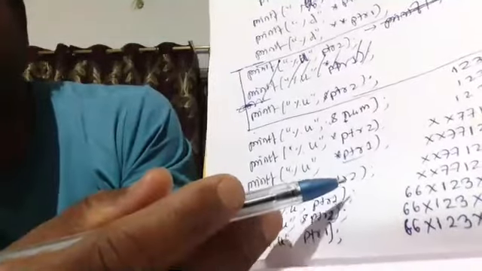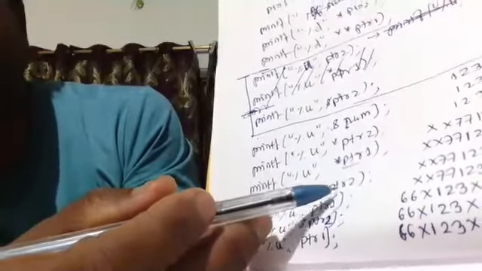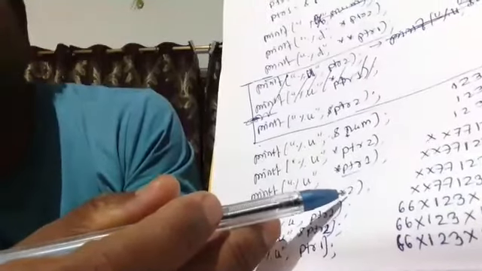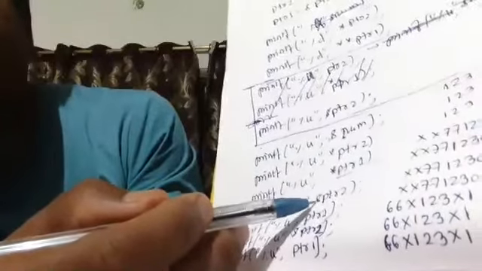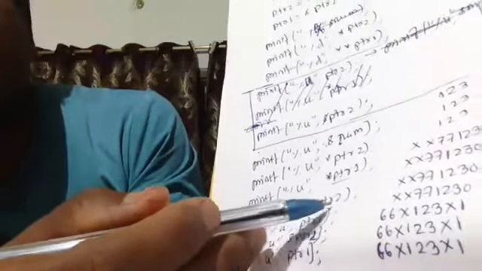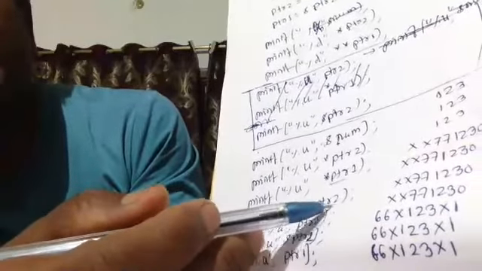Now in this case, printf percentage u ampersand ptr2, what will it give? What is the content of ptr2? Address of num. But this is what? Ampersand means address, so it will give the address of ptr2.